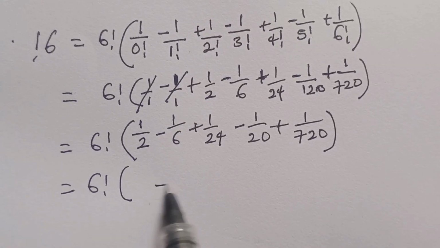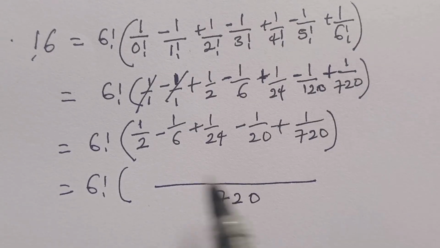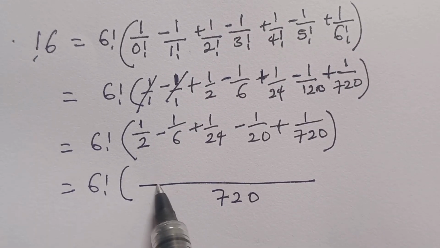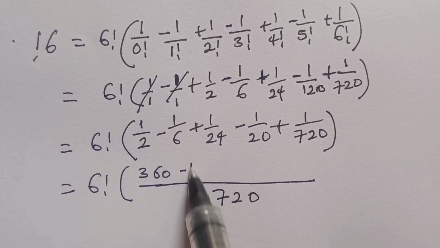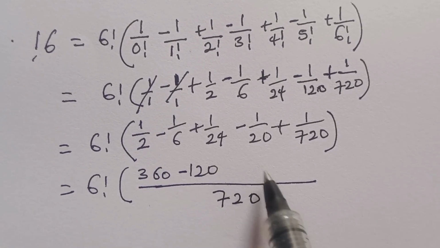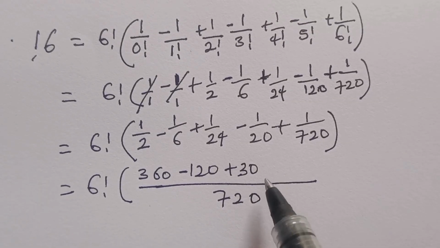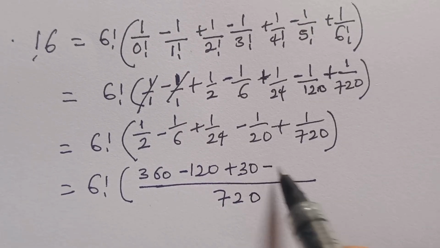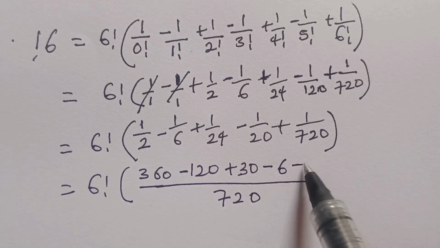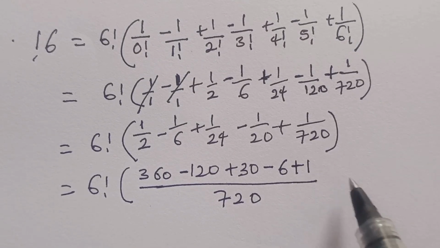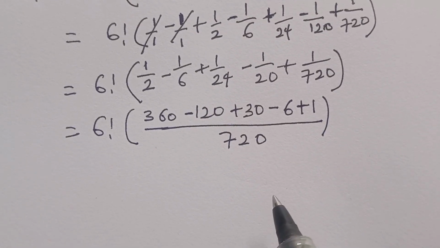So we now have 6 factorial into brackets. We want to take the LCM. So the LCM will simply be 720. Therefore, 1 is 720, and 2 is 720 will give us 360. 360 times 1, we have 360 minus 120 plus 30 minus 6 plus 1. 6 plus 720 is 721. 1 times 1, 1.